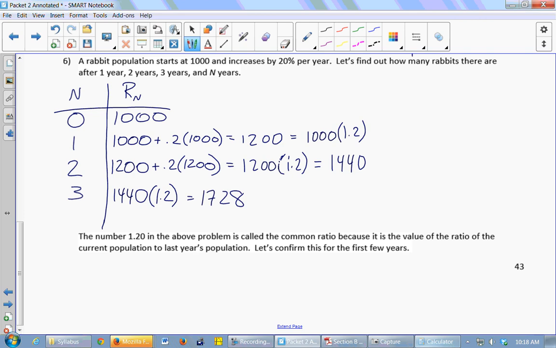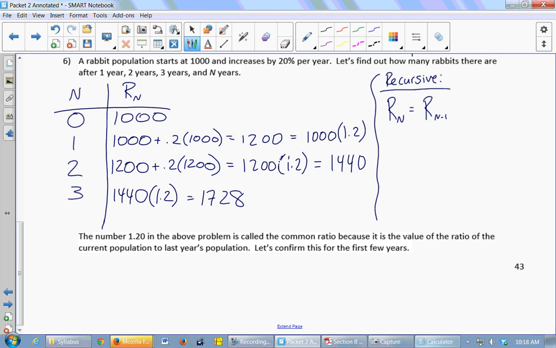Okay, so if I wanted to write a formula, let's write a recursive formula. How am I determining the number of rabbits in any given year, knowing how many I had the year before? R sub n minus 1, that's how many I had the year before.